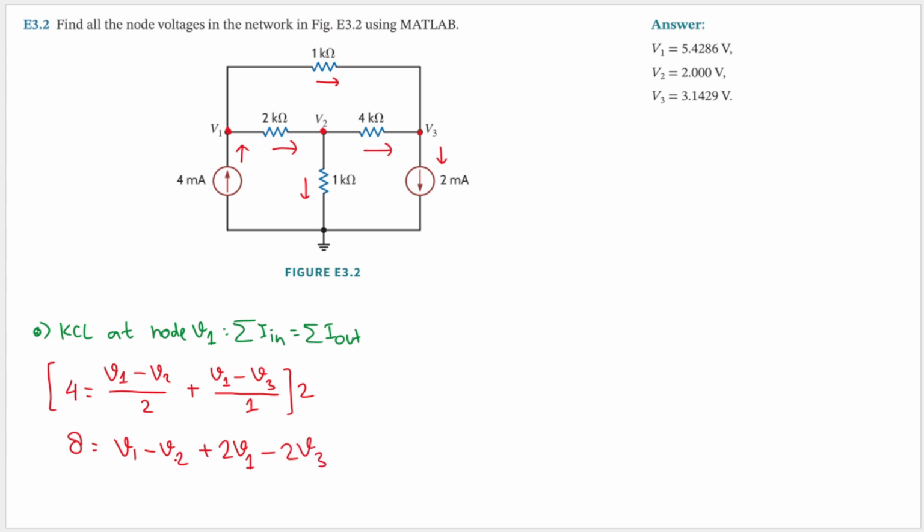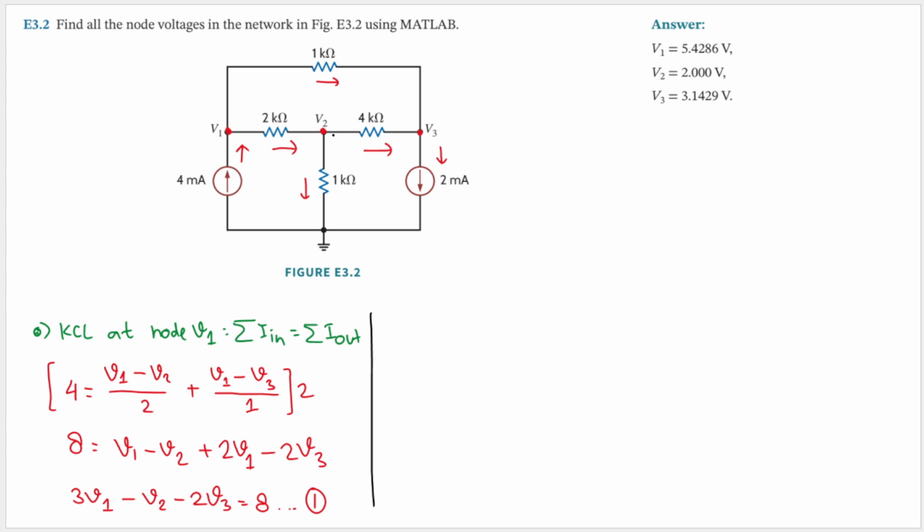Let's simplify things here. V1 plus 2V1 will be 3V1, and we only have minus V2, and for V3 we only have minus 2V3. All of that will equal 8, and there is nothing we can do further from here. Let's save this as equation number 1. Good, and now let's move on to the other nodes.